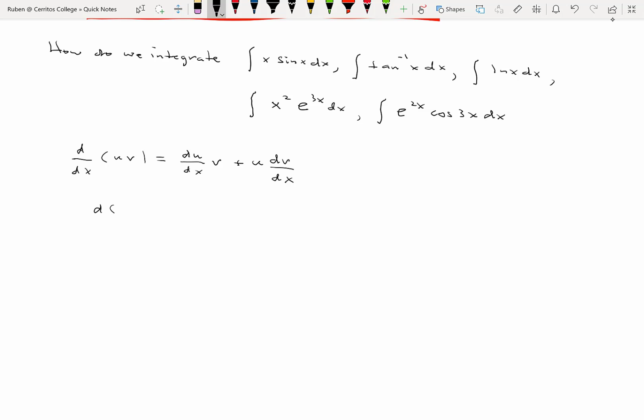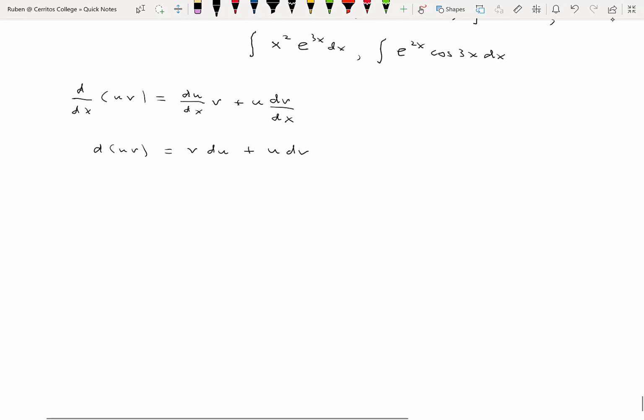So we get the differential of uv equals v du plus u dv. Okay, just bear with me. Then let's solve this equation for u dv. u dv equals d(uv) minus v du.